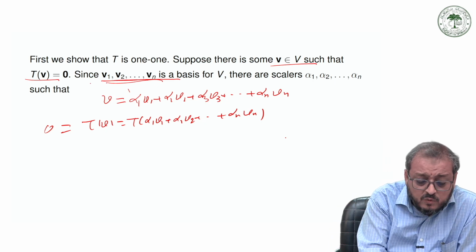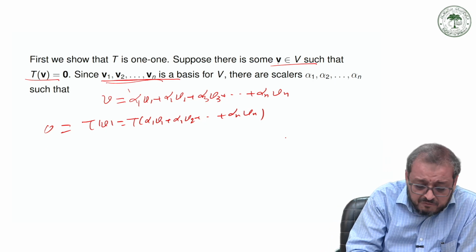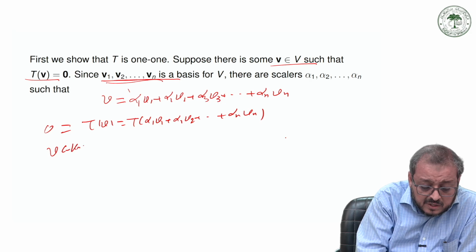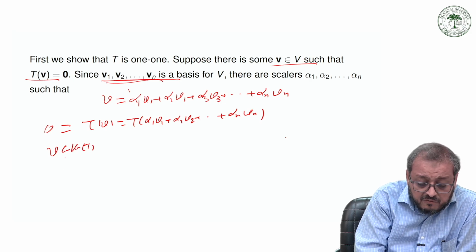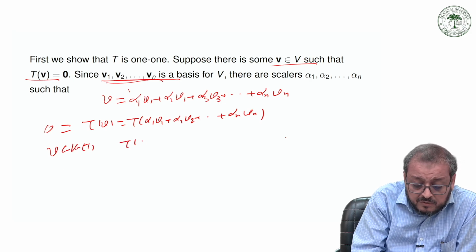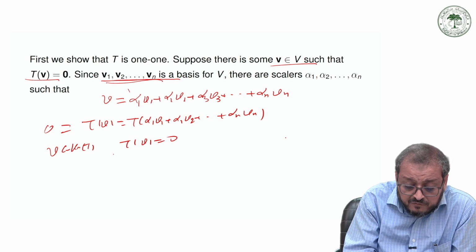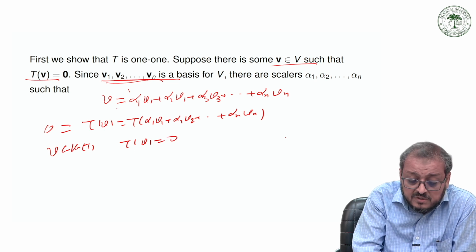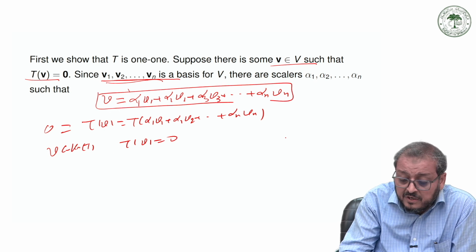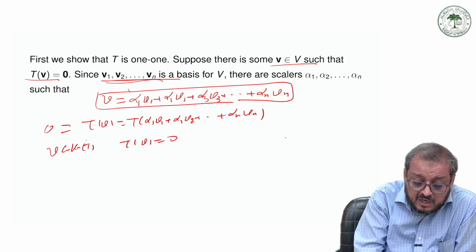Let us try another way. Suppose v is an element of the kernel of T. If v is in the kernel of T, this means T of v is equal to 0, and v can be written in this form, so T of v can be written in this form.